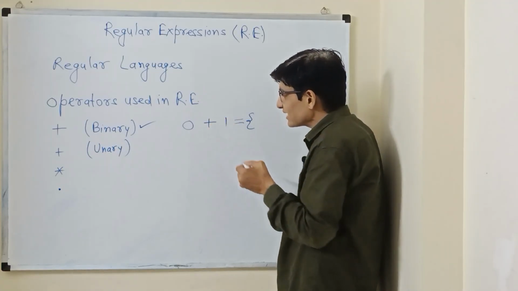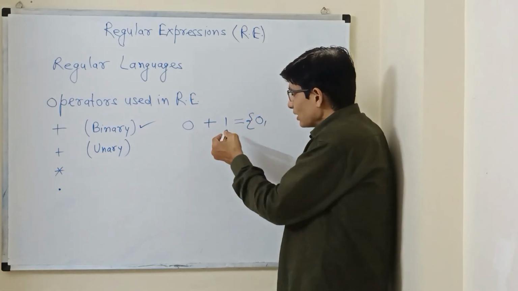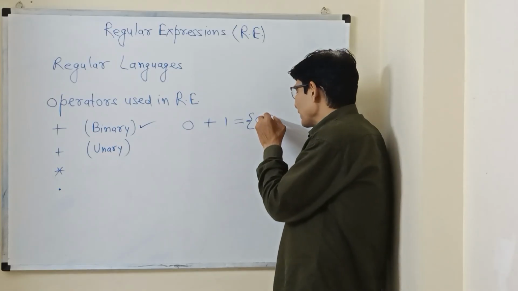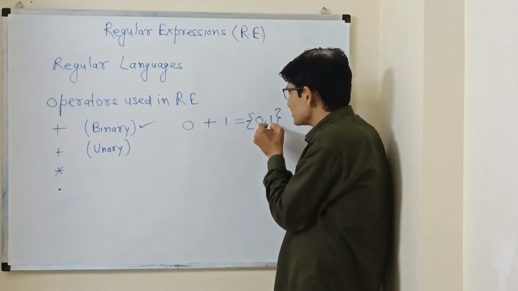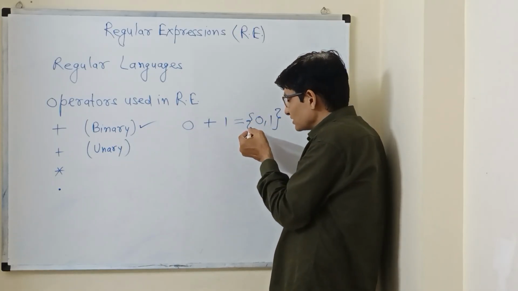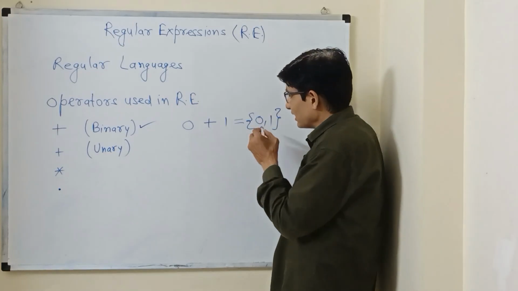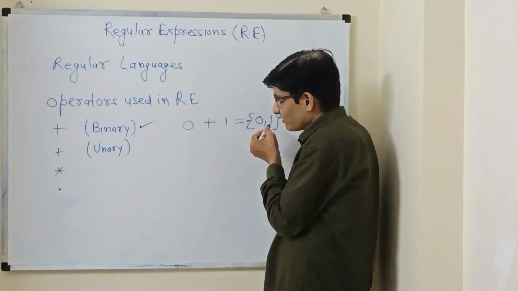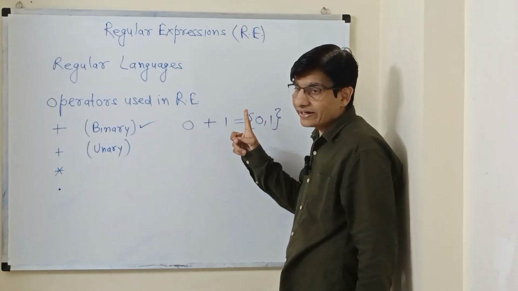Either you can select 0, so the string 0 can be created, or you can select 1, so another string is 1. Only these two strings are in this set, so the language has only two strings. This regular expression represents a finite set.